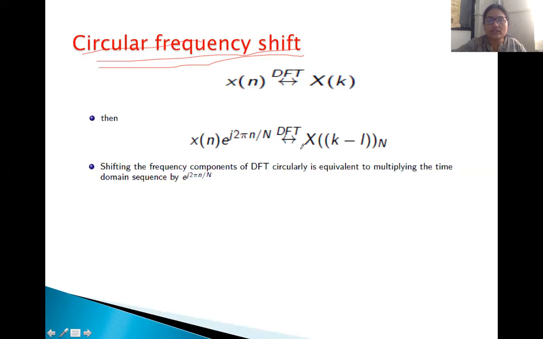The property says that shifting of DFT components circularly is equivalent to multiplication of the time domain sequence by the exponential part e raised to j 2 pi l n upon capital N. If I multiply the sequence in the time domain, it corresponds to shifting of the DFT values by L units in the frequency domain.